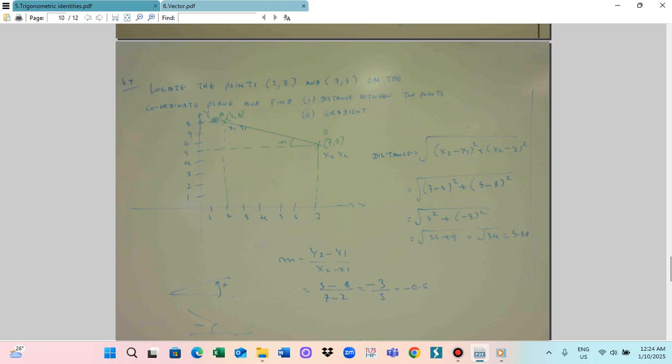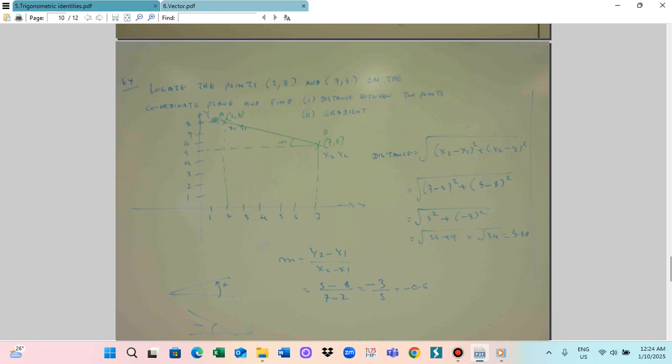Based on this concept, we can write the mathematical equation for the straight line. This equation must include the gradient. The equation for the straight line is y is equal to mh plus b.